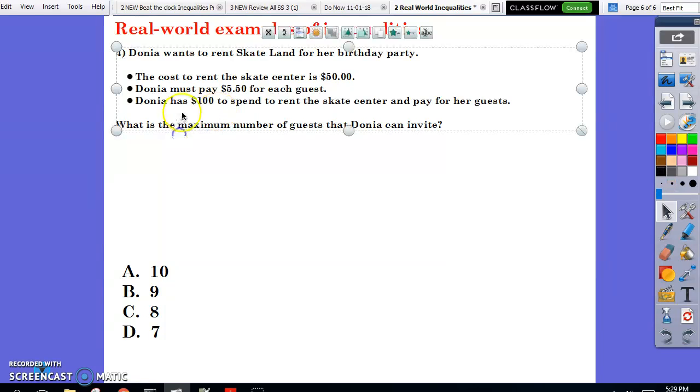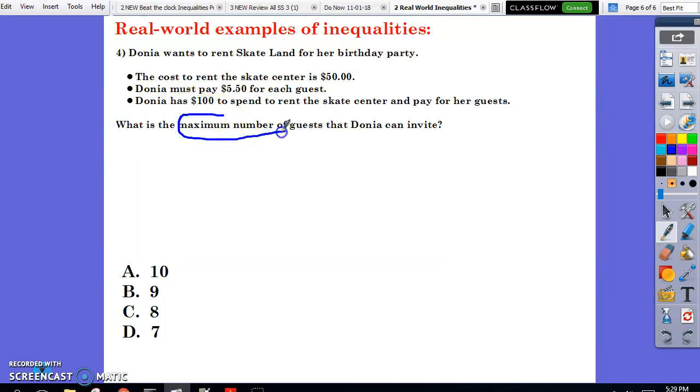So here I want you to focus in, please, on the phrase maximum number of guests. It didn't say the exact number of guests. It said the maximum number of guests. Maximum is an indicator that we need to use an inequality. So first of all, how much does one guest cost? One guest is $5.50. So I'm going to write $5.50 with my x, my variable x.